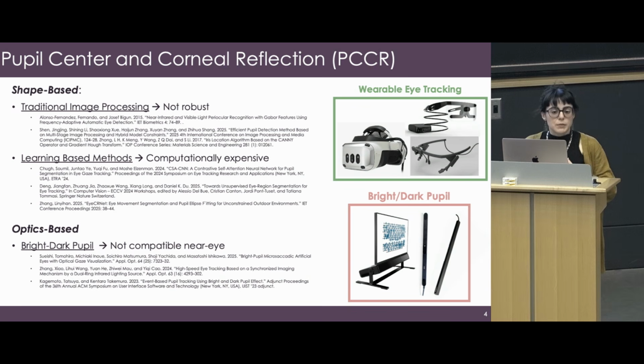In shape-based, you can have traditional image processing techniques, which are generally not as robust, especially with varying illumination conditions. And then we have learning-based methods, which have increased robustness and increased accuracy, but you have to deal with it being computationally expensive.